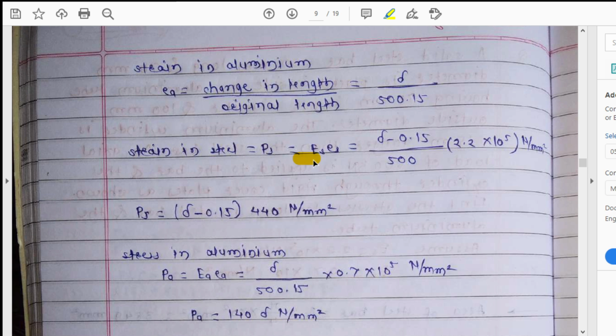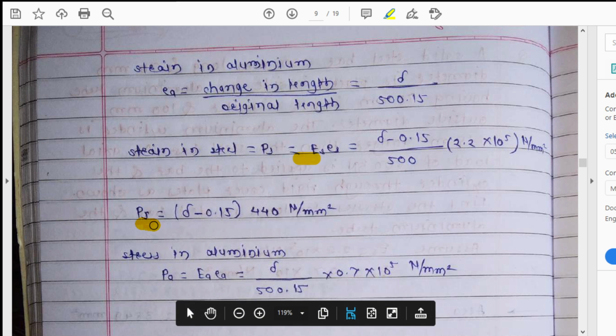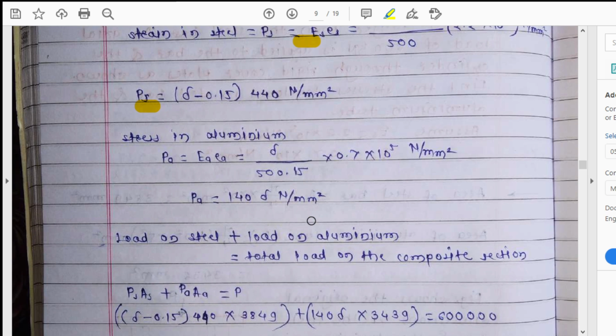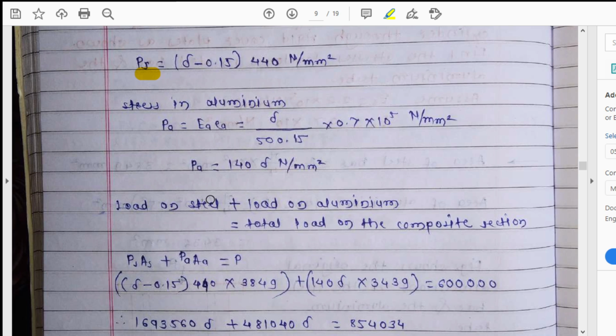Now by using Young's modulus equation, the stress in steel will be strain times Es, which is delta minus 0.15 into 440 newtons per mm square, and the stress in aluminium, by using the same formula, as 140 delta newtons per mm square.